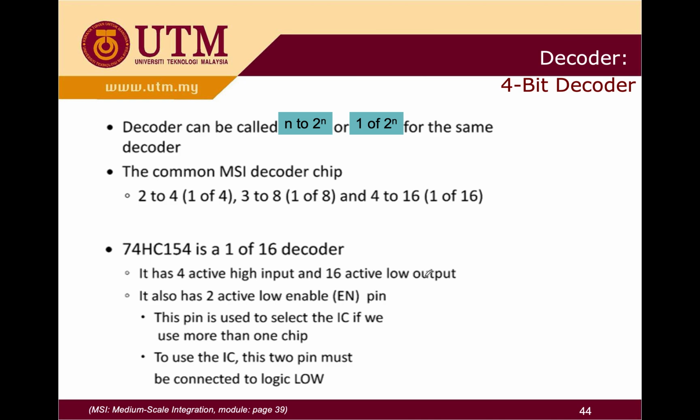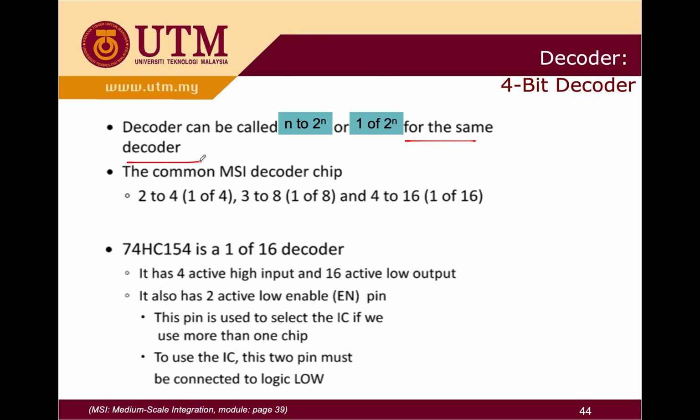Another one is still under decoder, but it is the 4-bit decoder. A decoder can be called n-to-2^n, or 1 of 2^n, for the same decoder.